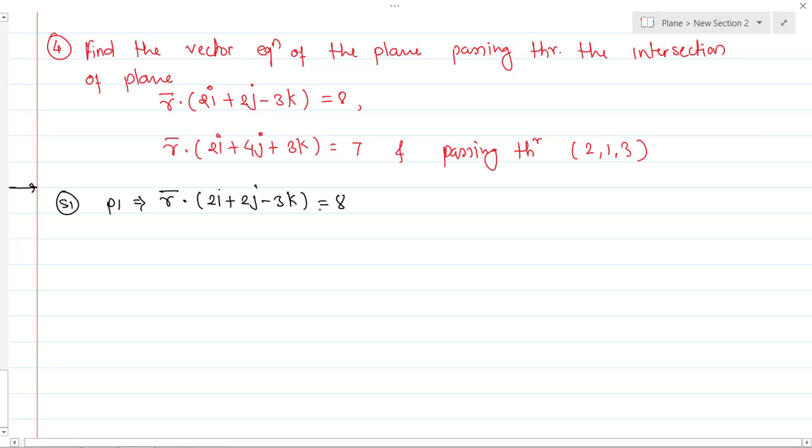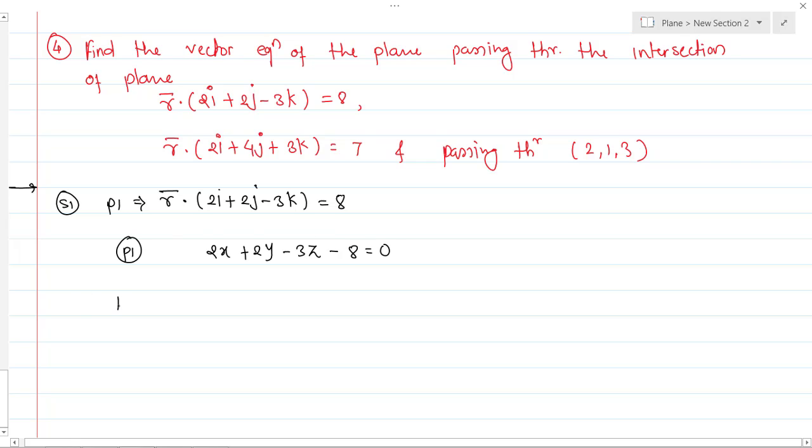As I have already told you in the last question, doing the calculation in vector form is a bit difficult compared to Cartesian form. So let's convert the given equation into Cartesian form. So P1 will be what? Simply replace ijk by xyz. So I will have 2x plus 2y minus 3z minus 8 equals 0. This is my P1 now.